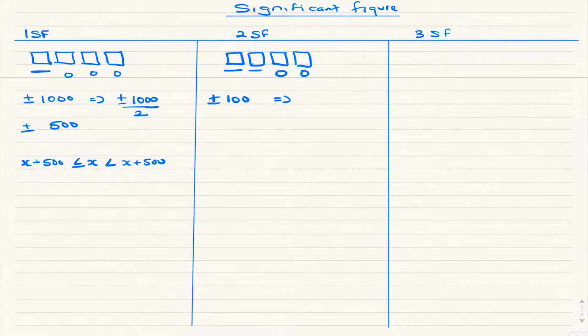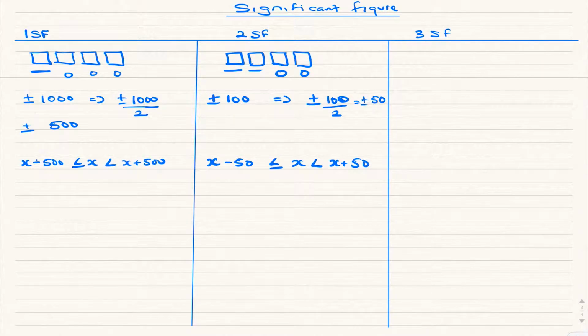So that will give us plus or minus 100 over 2. We use 100 because there are 2 zeros, and therefore that will give us plus or minus 50. So the lower bound, or the smallest possible value, will be x minus 50 less or equal to x, which is less than x plus 50.